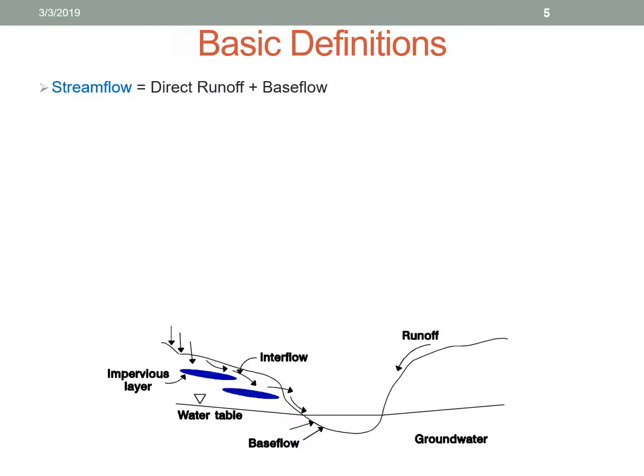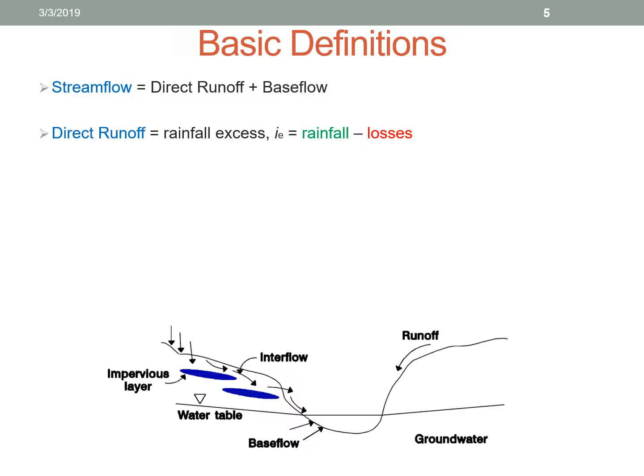Basic definitions. If you see here, we have a stream, and at the right, runoff, and at the bottom we have groundwater, and at the left you see the water table, and then base flow. So we define stream flow as direct runoff plus base flow.